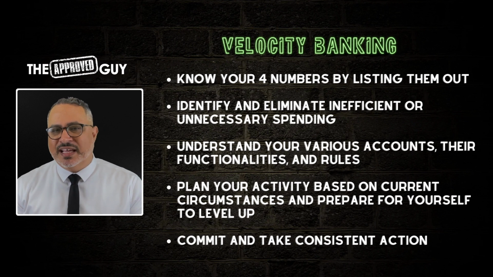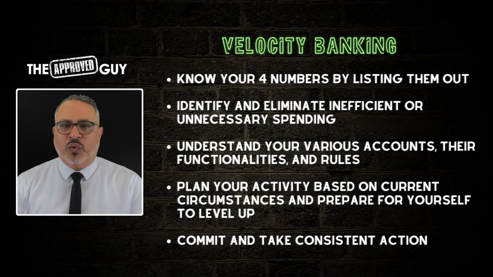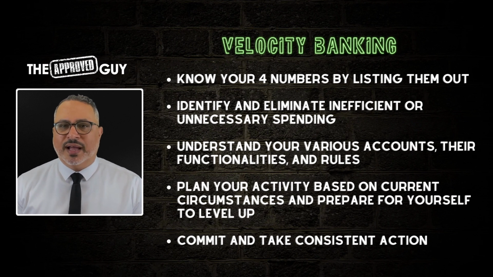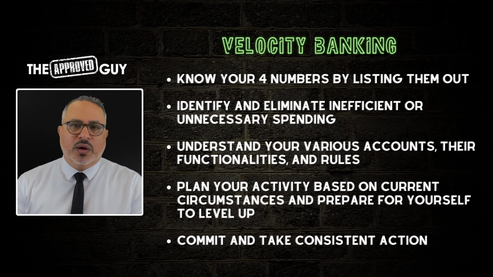You then need to identify and eliminate inefficient or unnecessary spending. So by going through the process and the practice of listing out your four numbers and all the details, that is going to help you to identify if there is anywhere that is inefficient in spending. Where can you cut back? Where can you save money?